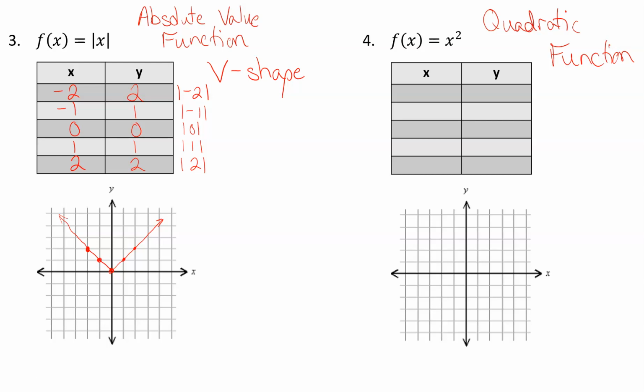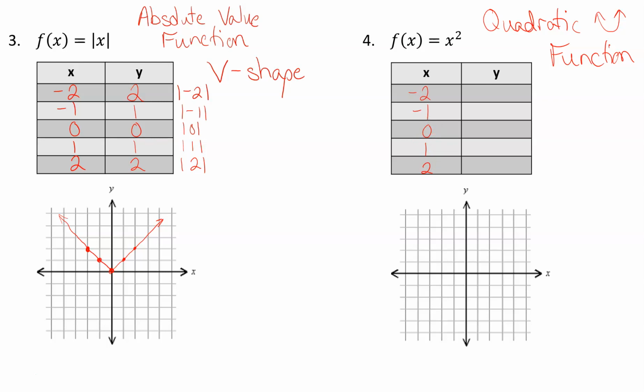If you remember, that shape is a parabola. Sometimes it opens up, which it will here for this very basic function. It could also open down, and that would happen if you had a negative x squared.